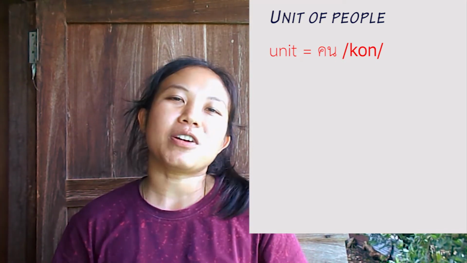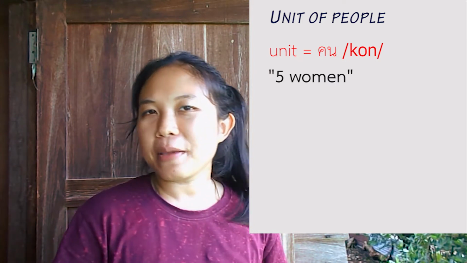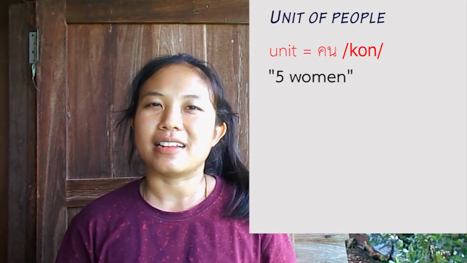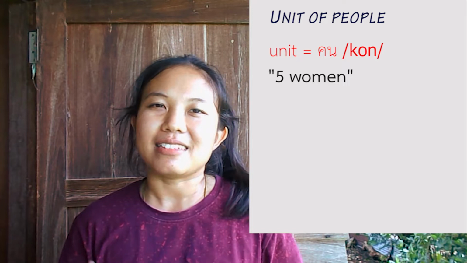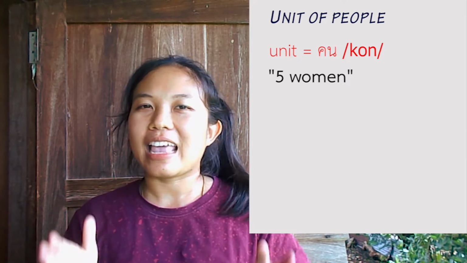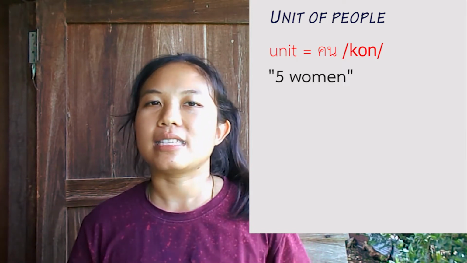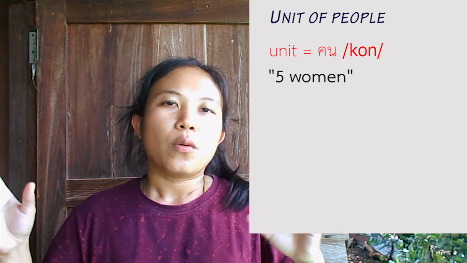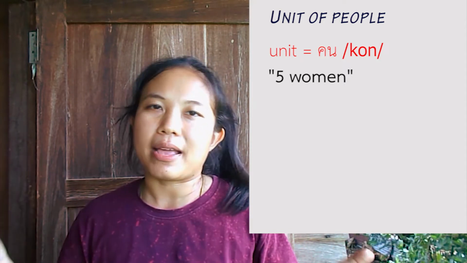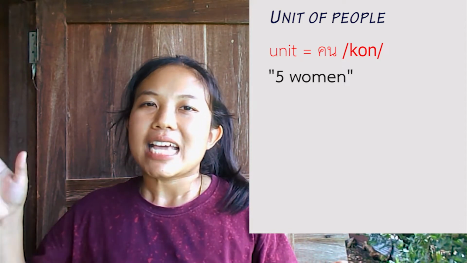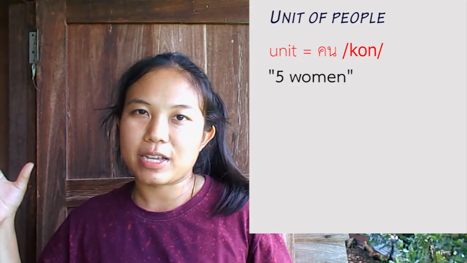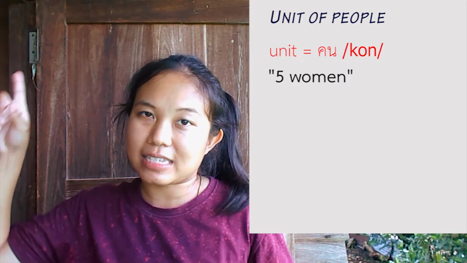For example, if you want to say 5 women, what are you going to say in Thai? The first thing that you need to think about is the unit of women. The unit is kon, you know already, because people have the same unit, that is kon.